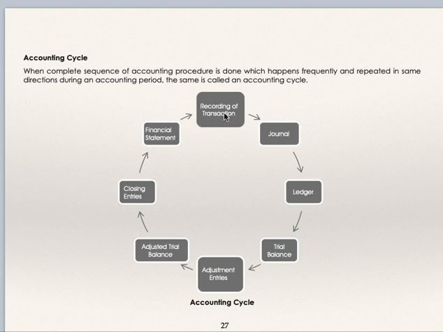Then again next year the same procedure keeps on repeating, and that is known as the accounting cycle. Every year, nominal accounts get closed by transferring to the profit and loss account, but real and personal accounts get transferred to the next accounting period.